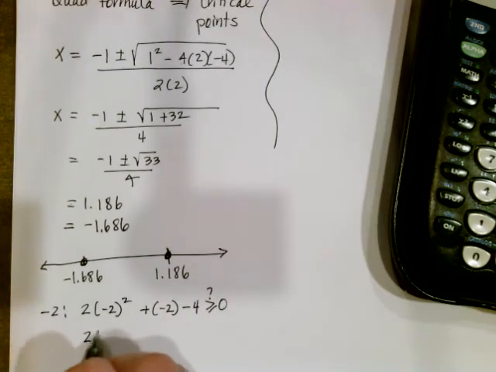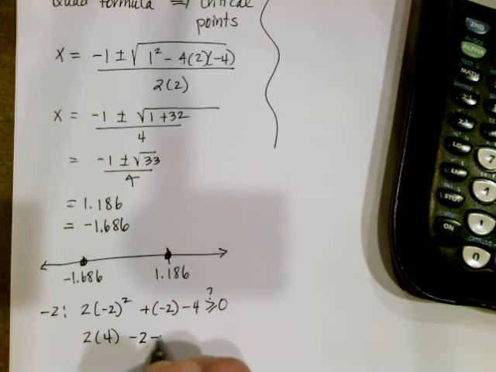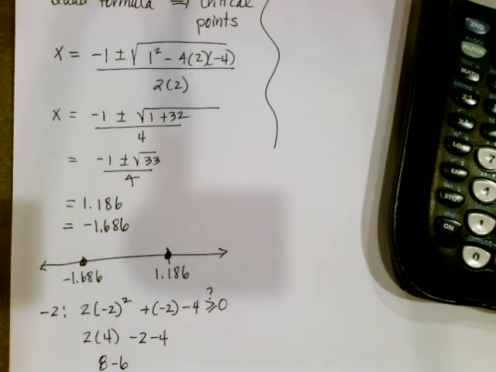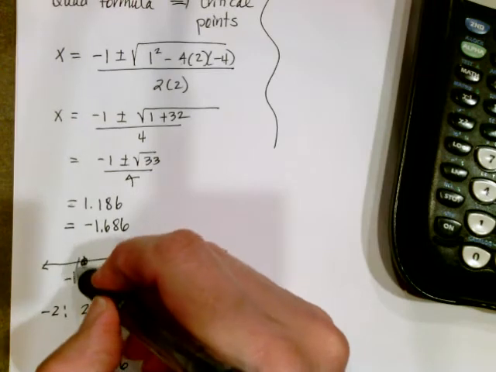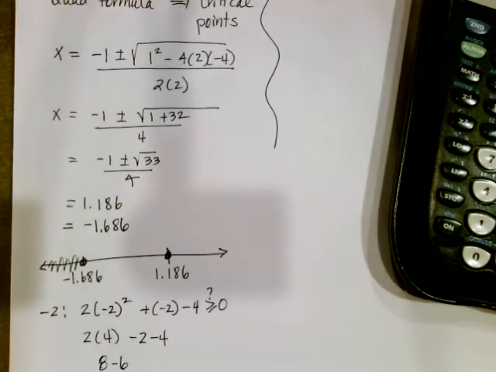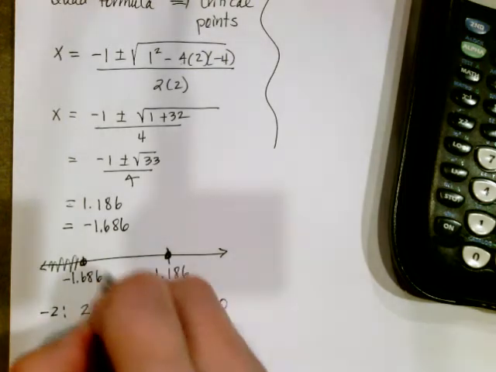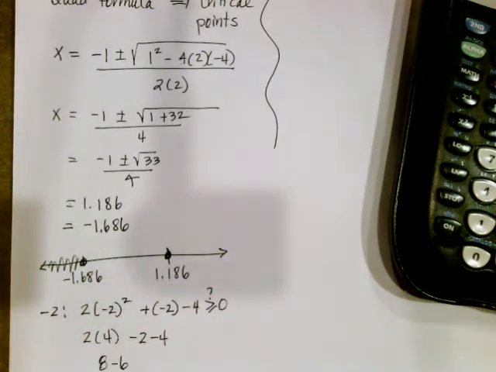So this is 2 times 4 minus 2 minus 4, 8 minus 6, so I get 2, and that is actually greater than or equal to 0. That means that I'm going to shade the portion that was true. Now I'm going to test a number in the middle, and I'm going to test a 0 because zeros make my life easy.